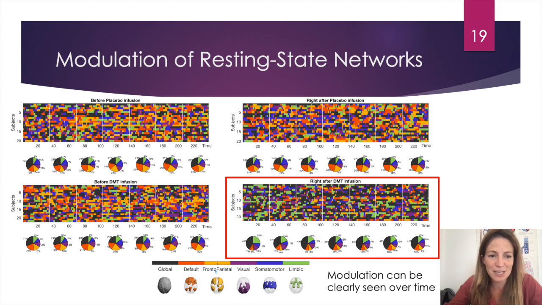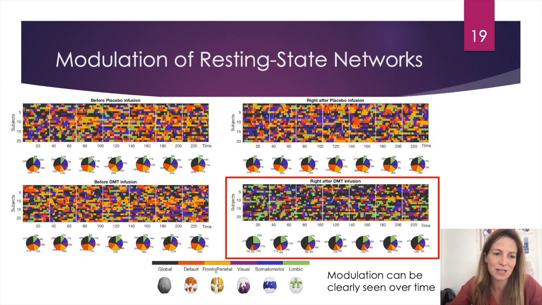So let me explain briefly what this figure represents. So each of these 4 blocks is one of the sessions. So this is before placebo infusion, after placebo infusion, before DMT infusion, and after DMT infusion. And each of the lines corresponds to the cluster time series, so the occurrence of each of these patterns for each of the subjects.